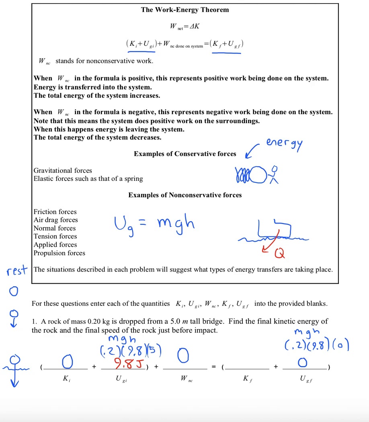That allows us to find the final kinetic energy. So you see the left side of the equation has to equal the right side. You can solve for it if you need to, but you'll see it's going to all boil down to 9.8 equals KF. The zeros just go away. So this must also be 9.8 joules.